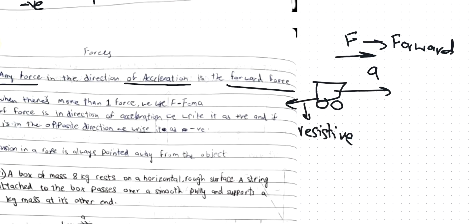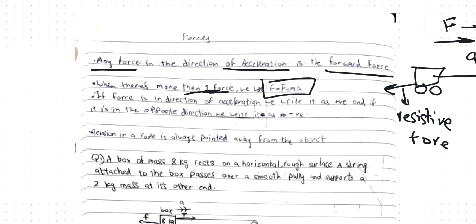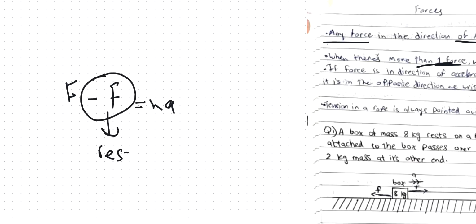And remember that when I have two or more forces, then I use this formula. This formula states that F minus F equals MA, where this minus F is the resistive force and this F is the forward force.